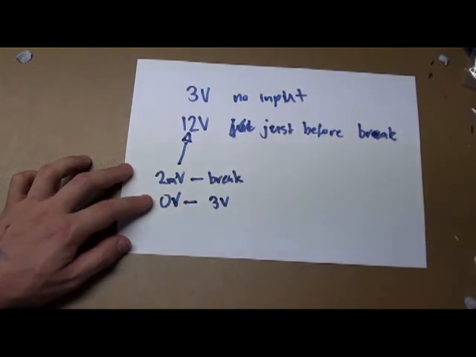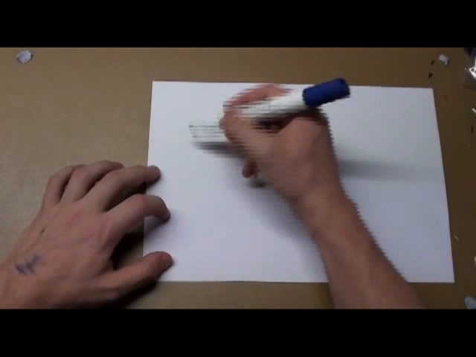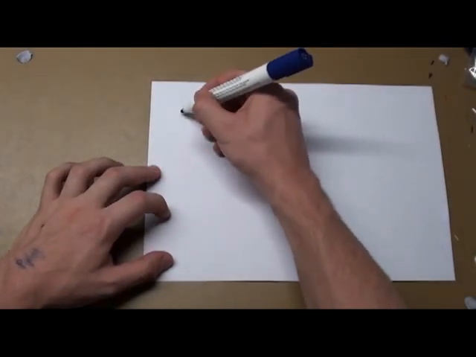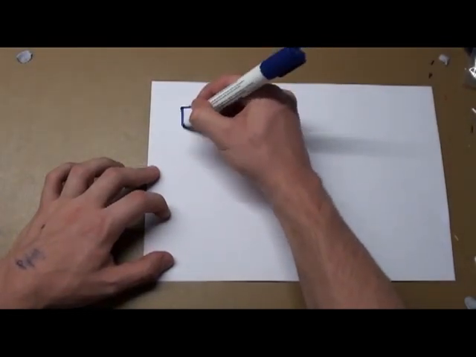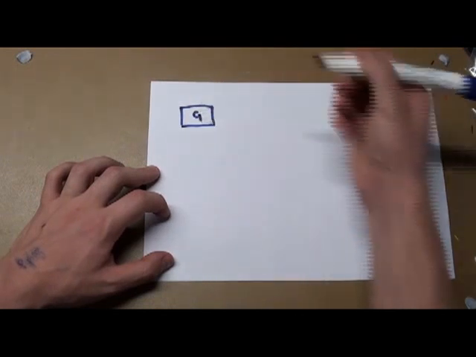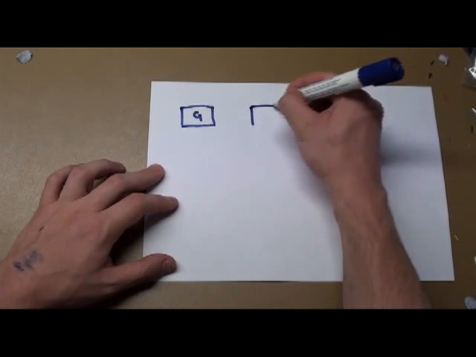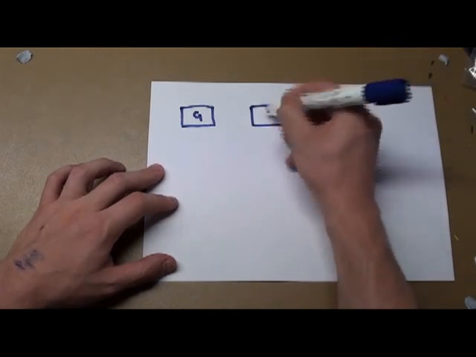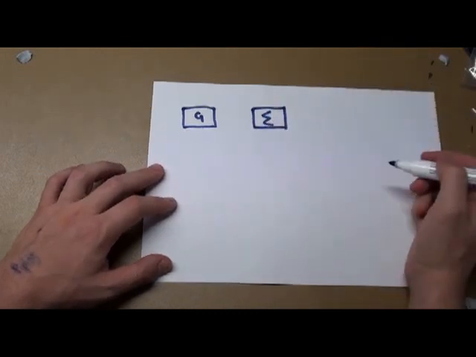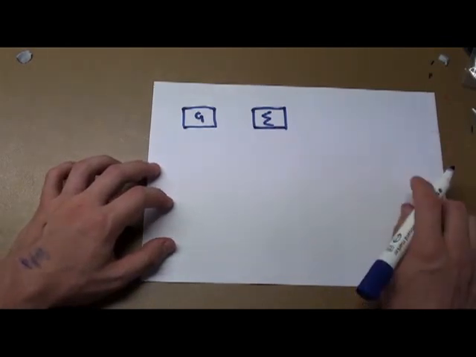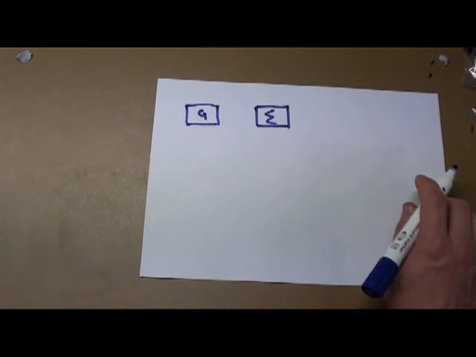So the two things we want to look at to do this are gain blocks, which we'll draw like that with a G, and then we have a summing block like that.